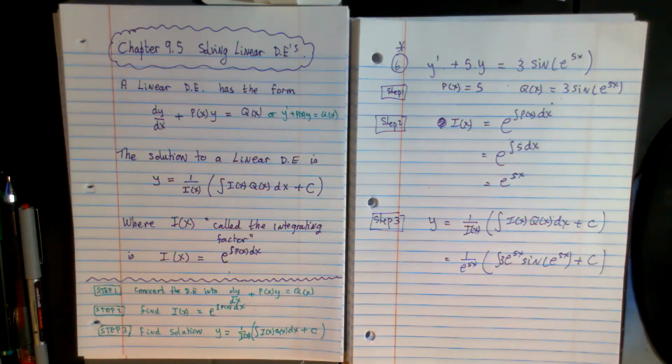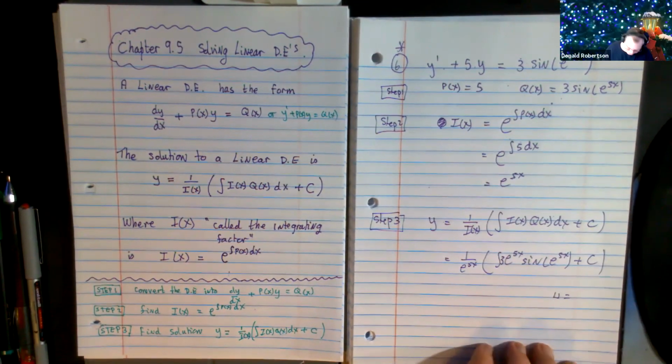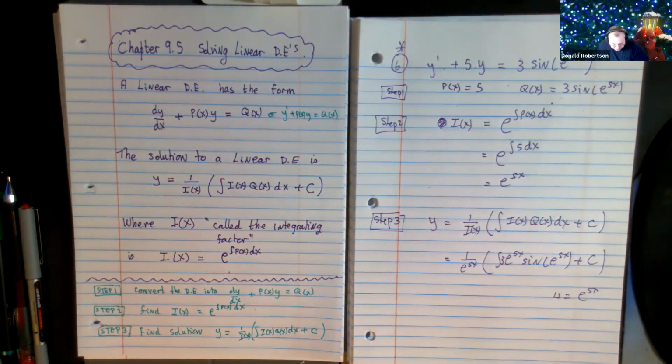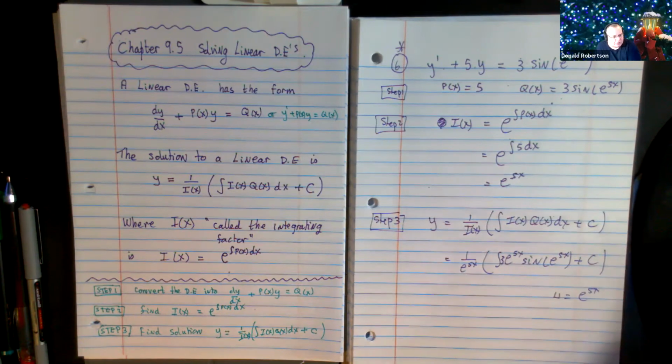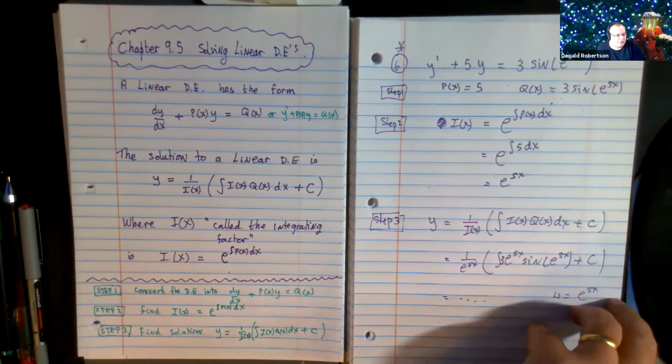U sub. Yeah. Who's the u sub? e to the 5x. Can you trust me that you get, I think it's 3/5 sine u, comes out pretty nicely. You probably want to do that on a piece of paper at the side. I'm just going to go right, and you would finish it in the usual way.